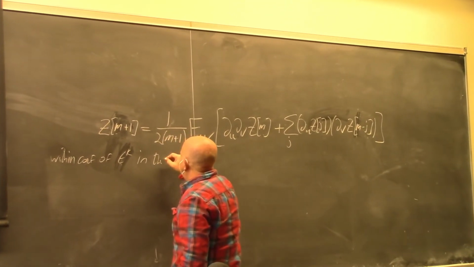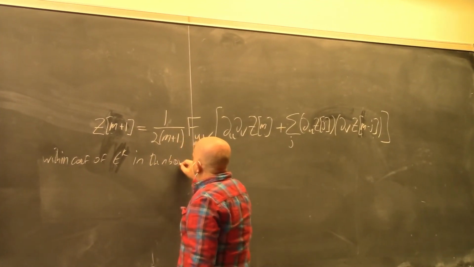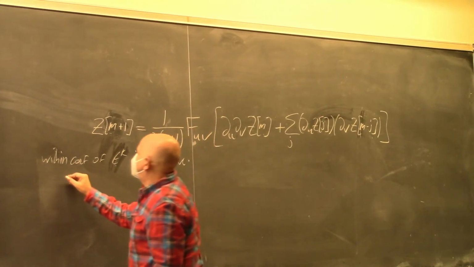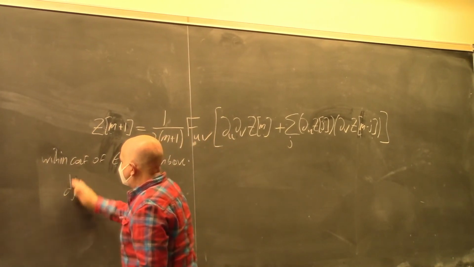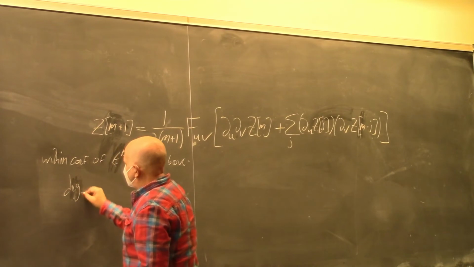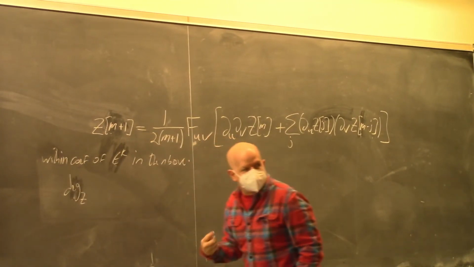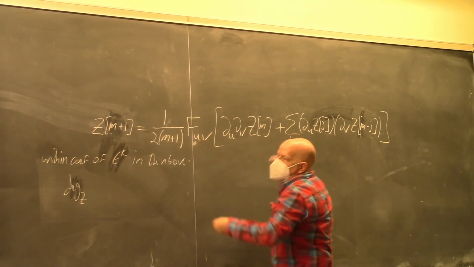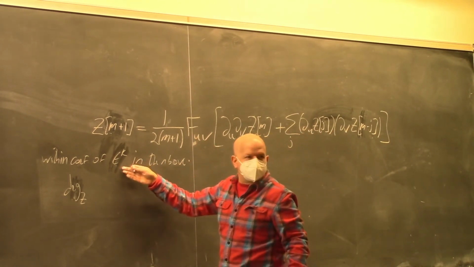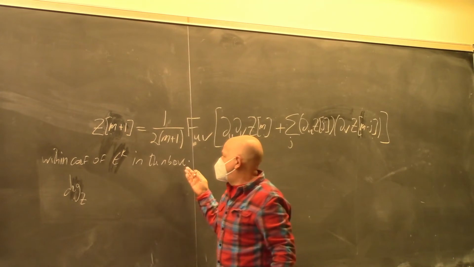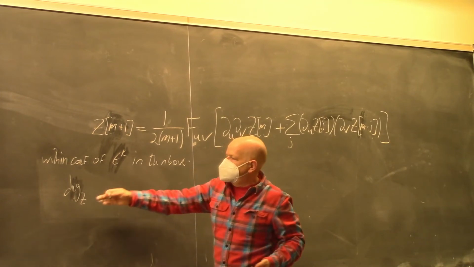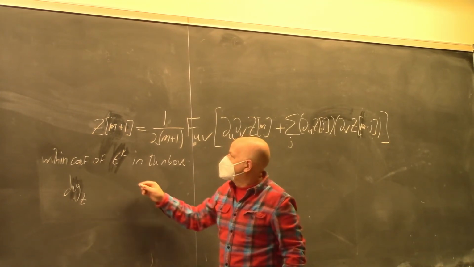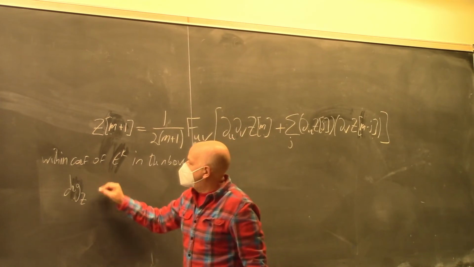In each of these terms, look at the degree with respect to z, the degrees of the z variables. So every term here has a coefficient of epsilon to the k, and within it, let's look at the degree with respect to z. So this is the degree I want to know.